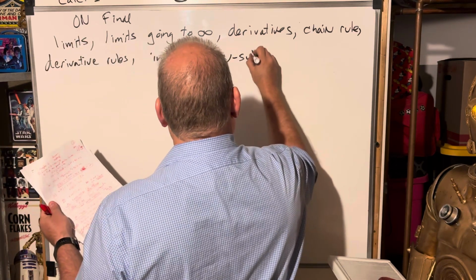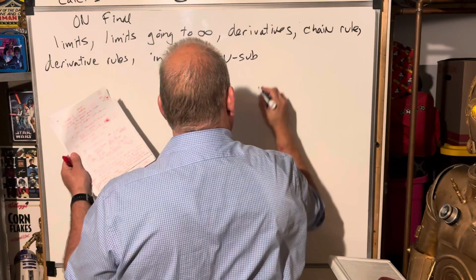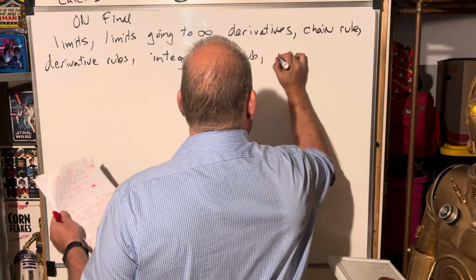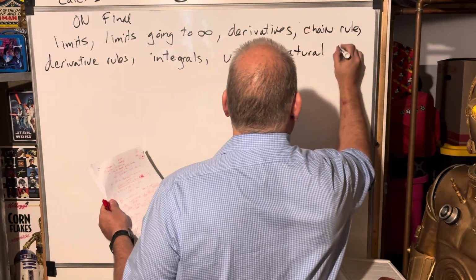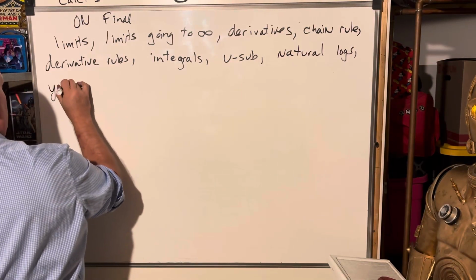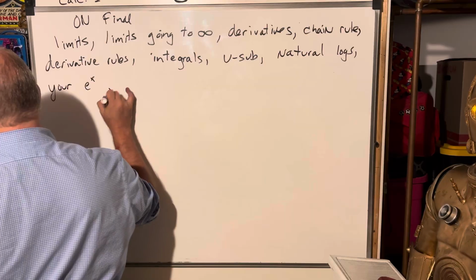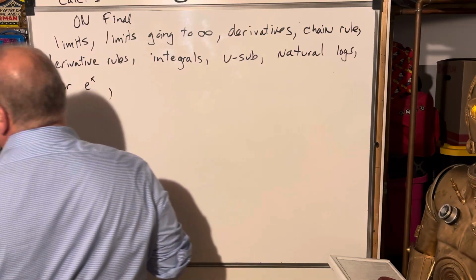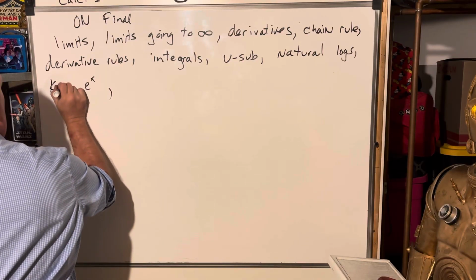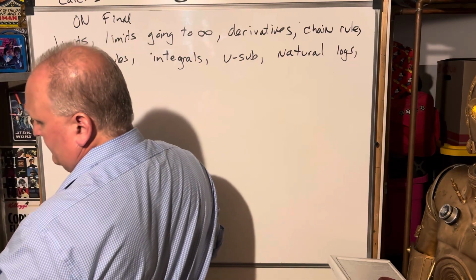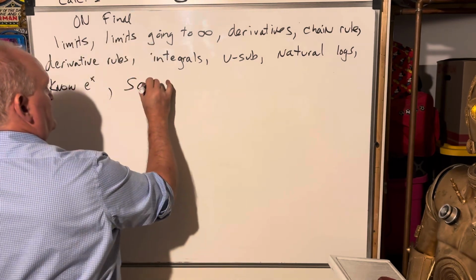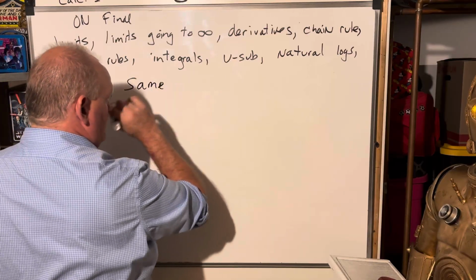U substitution. Heck, we just did U substitution 3 times in this chapter. Natural logs. Know your e's, right? Your e to the x's, with integration and derivatives. Same formulas on the sheets that have been on the previous tests.